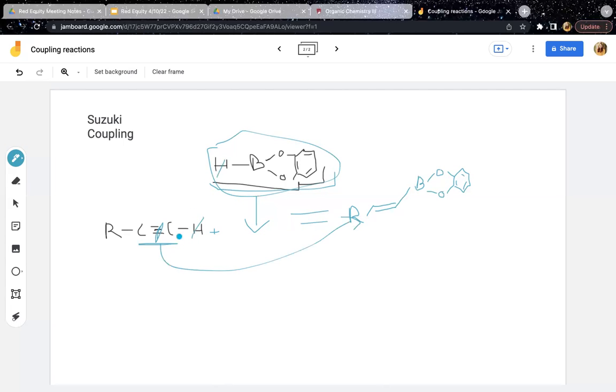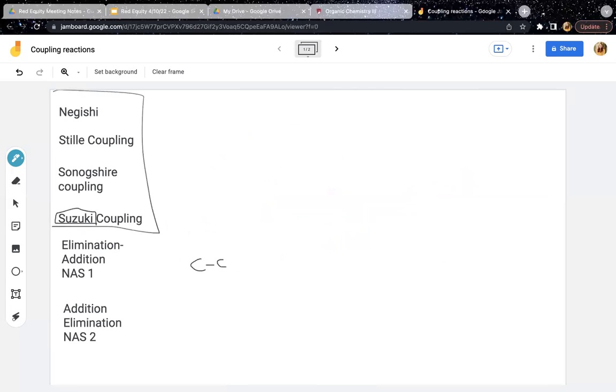And instead we're replacing it with that double bond right here, which is what you can see. So that's pretty much Suzuki coupling. It's boronic acid, which is what this structure here is. That's boronic acid, and so that's going to be used a lot. So then I'll go ahead and cross this off.